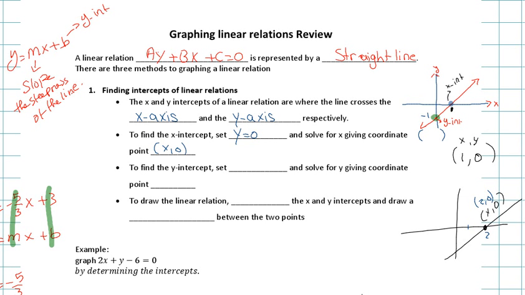So x is 0, y is -1. So for the y-intercept, which one is going to be 0, x or y? x. So to find the y-intercept, you set x equal to 0 and solve for y, giving coordinate (0, y).